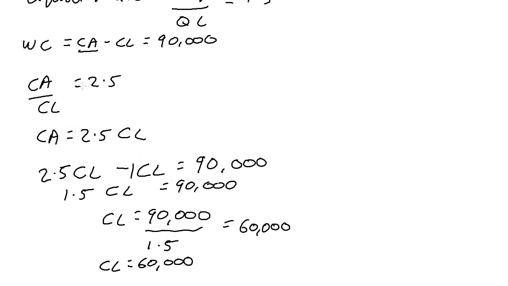Then, since current assets upon current liabilities is 2.5, we can say that current assets upon 60,000 is equal to 2.5.